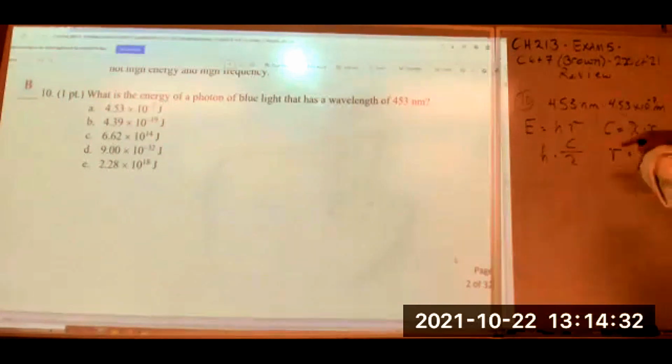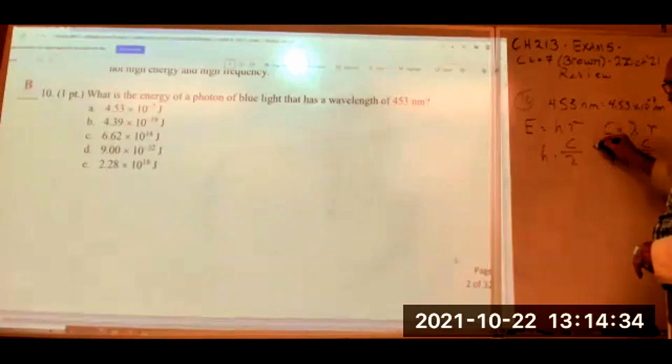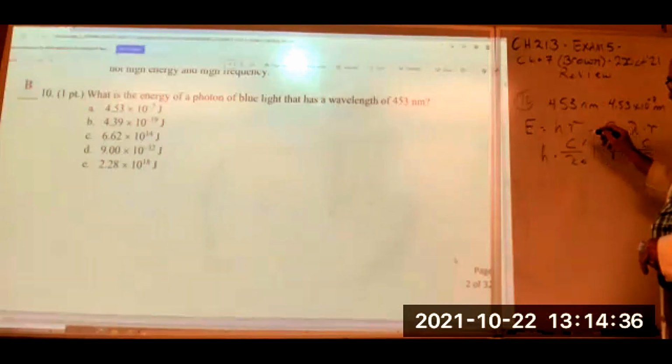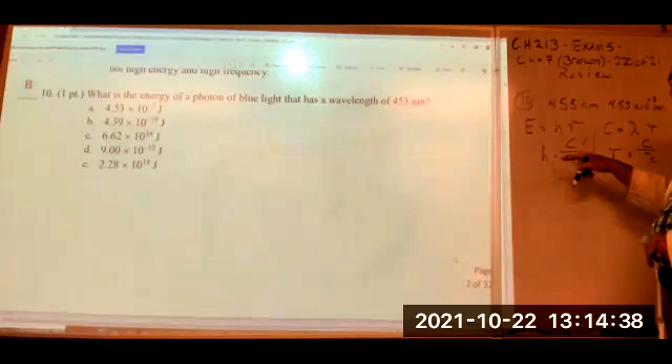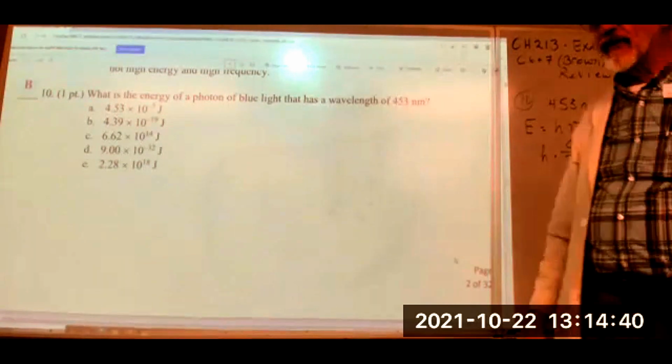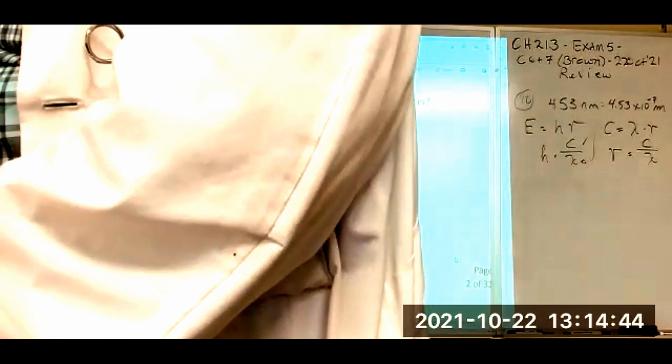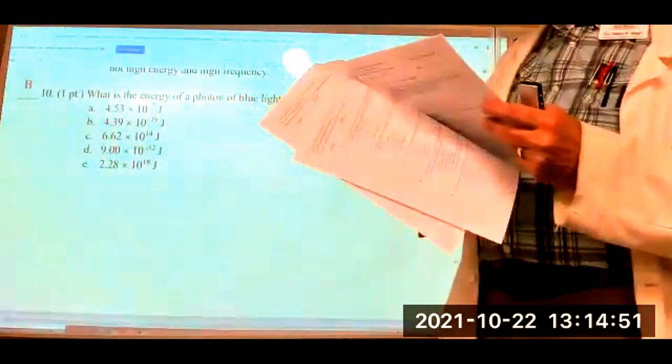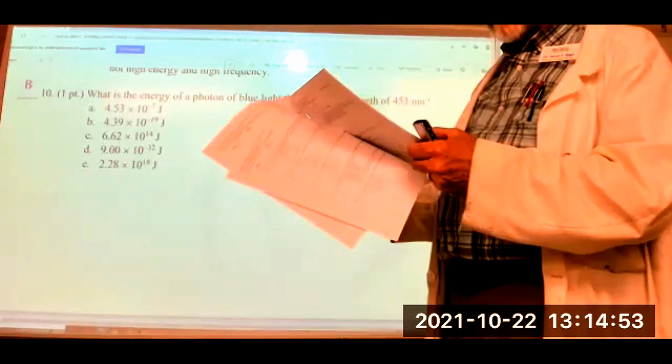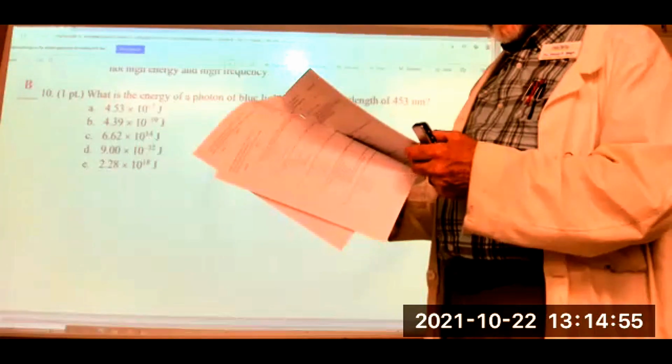Right. Now we can plug those values in. Plug this one in here. This one's the speed of light. And Planck's constant is useful information. So let's look it up. Let's see. There it is.